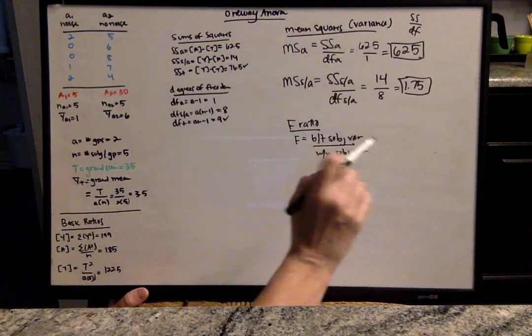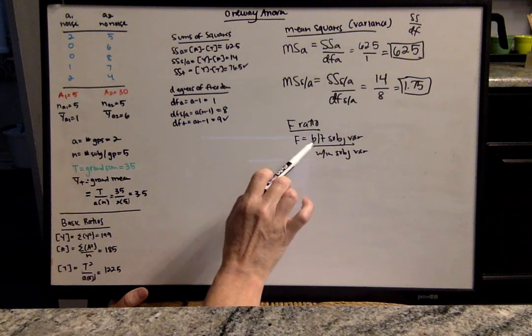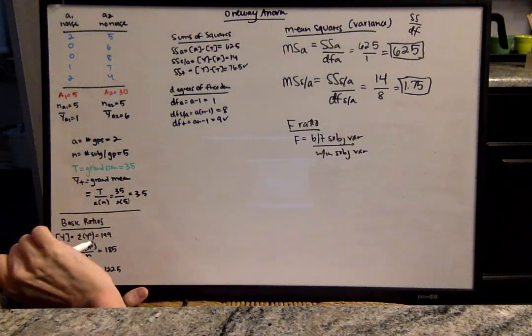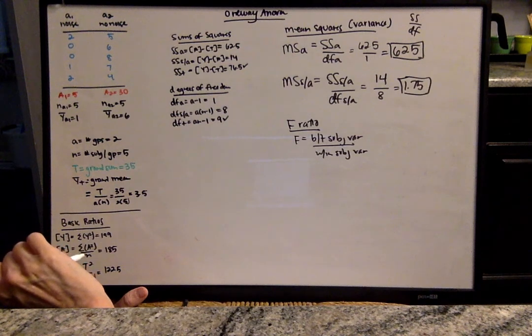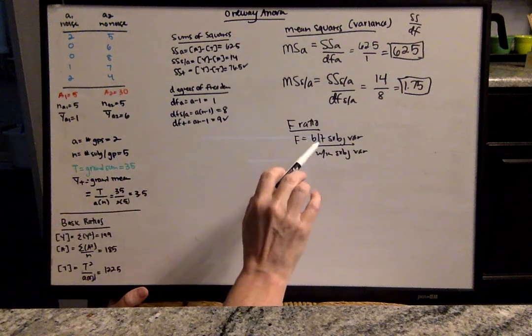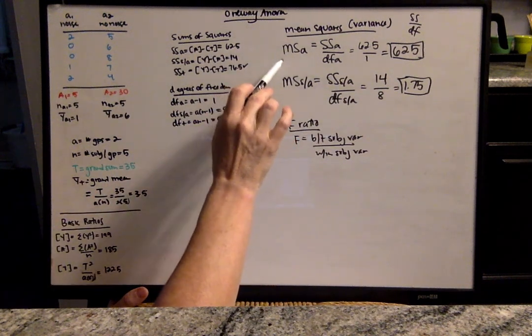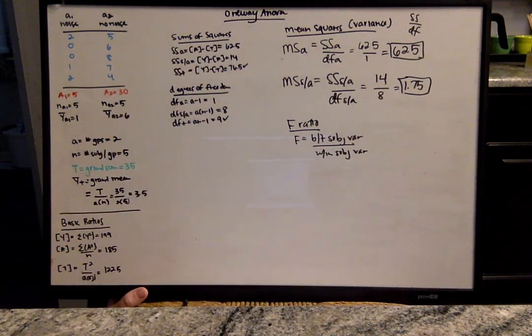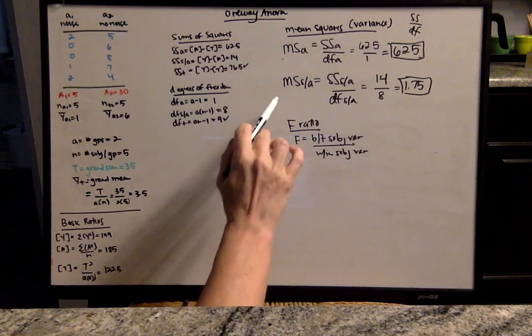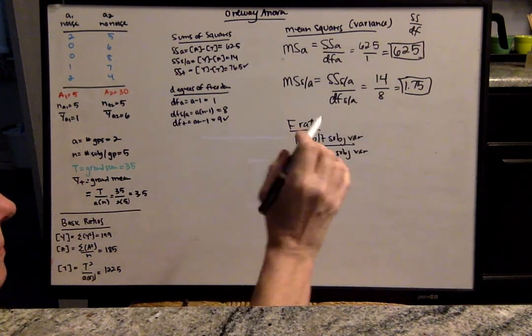And remember when we talked about variance, we said this was the treatment effect plus error divided by error. That's the abstract part of it. Now let's do the actual work. We now have a mathematical representation of our between subjects variability, this mean square A, and of our within subjects variability as well, our mean square S over A.